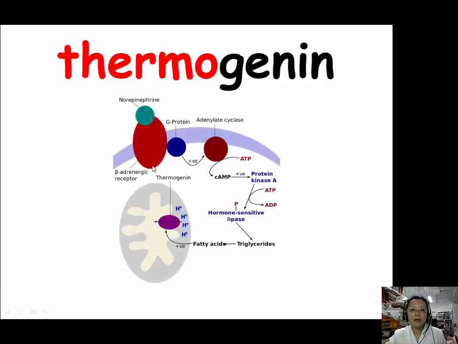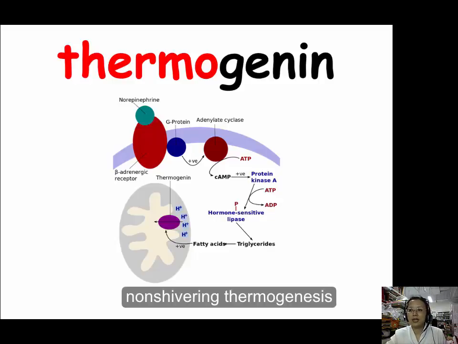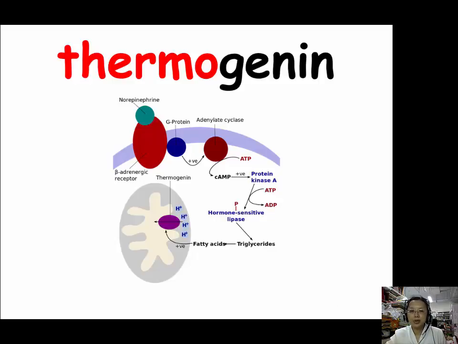And for the prefix thermo, our example is thermogenin. Thermogenin, also called uncoupling protein, which is this purple shape, is a protein that occurs in the inner membrane of the mitochondria of brown fat tissue. Thermogenin is important in non-shivering thermogenesis. It dissipates the proton gradient, which is shown here.